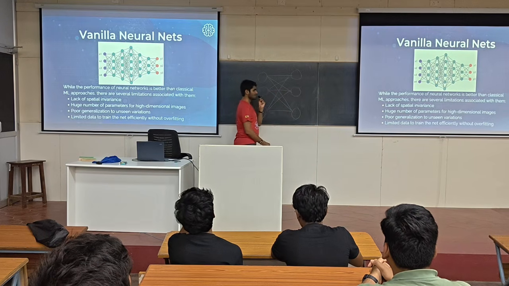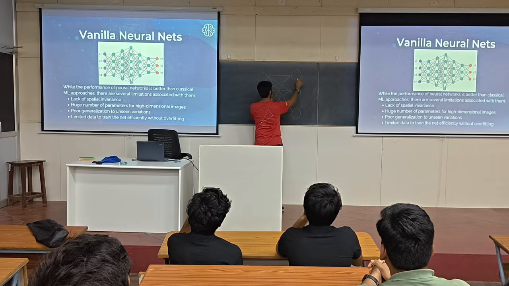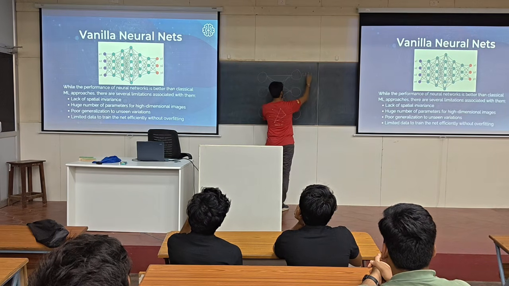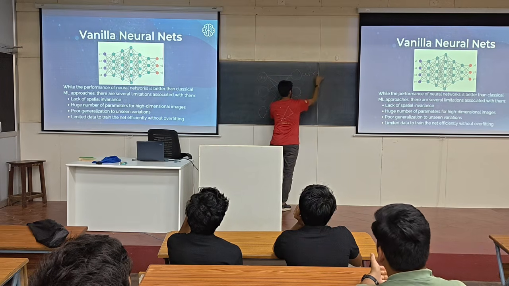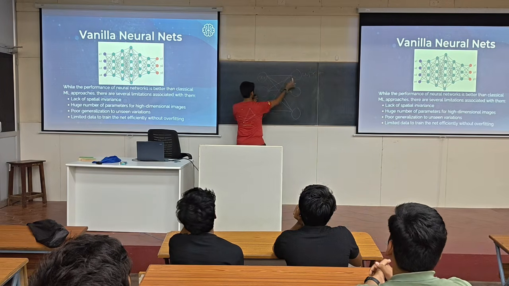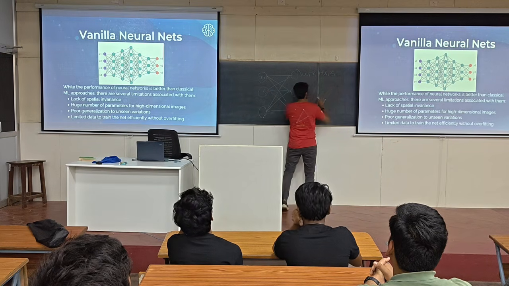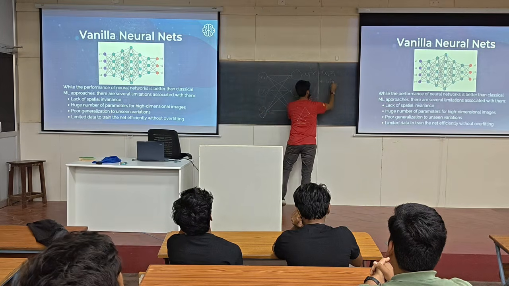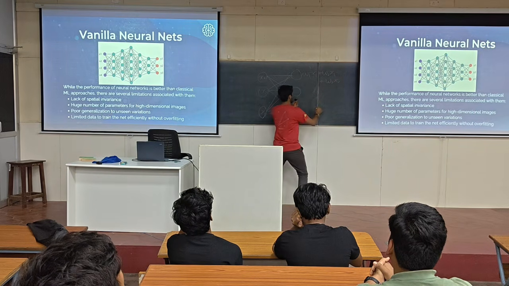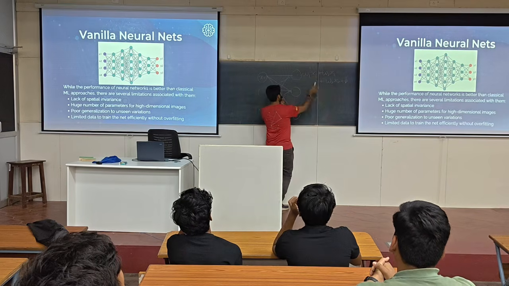And what these mean is that the value of this neuron is going to be some W1 times this value x1 plus some W2 times this x2 plus some W3 times this x3 and plus a bias B. This is the value of this neuron.